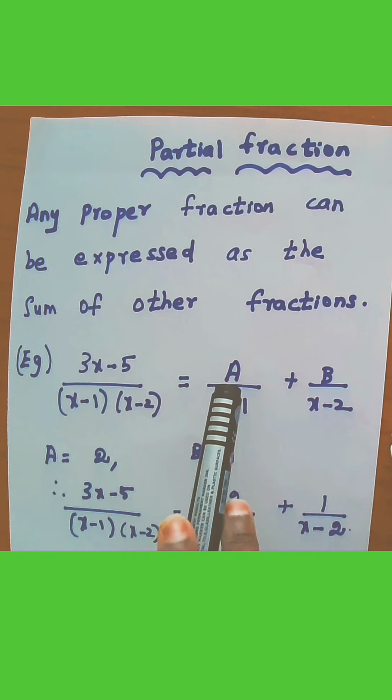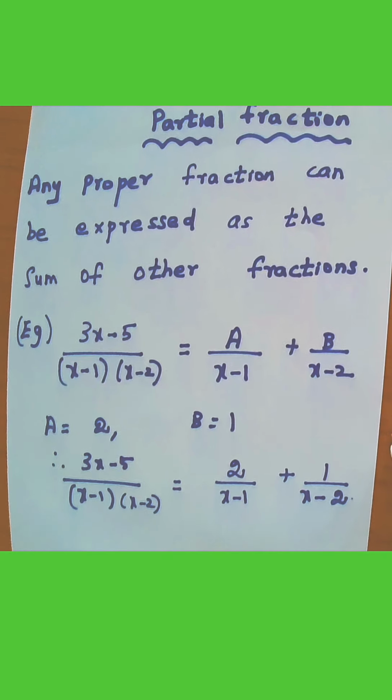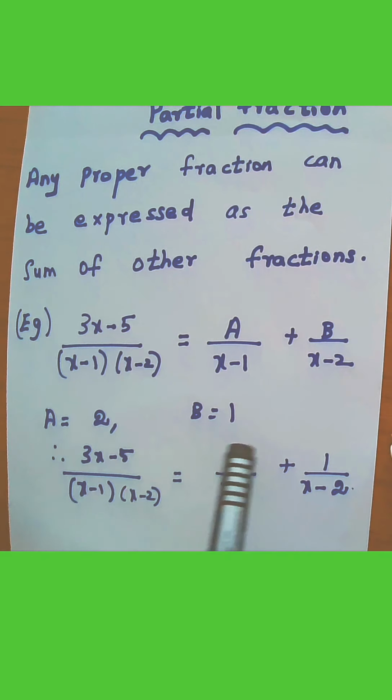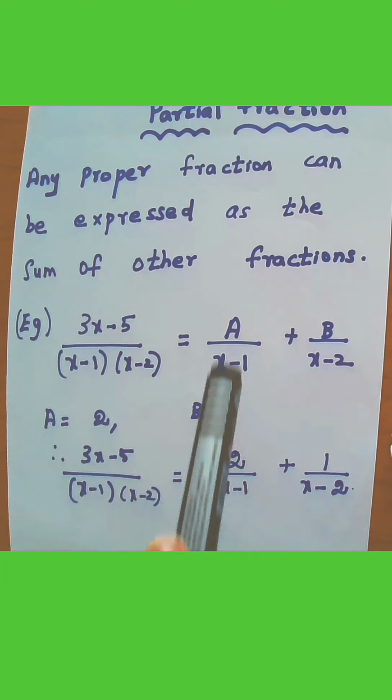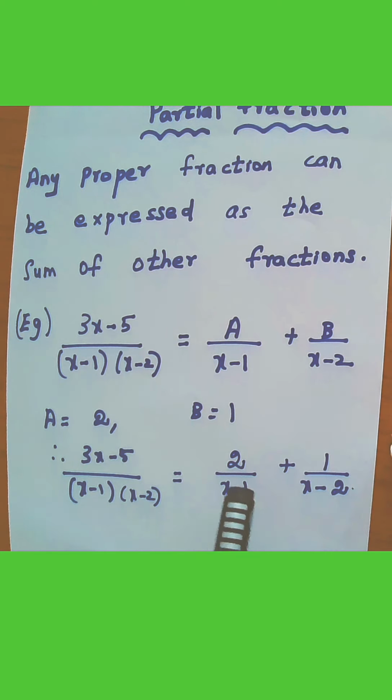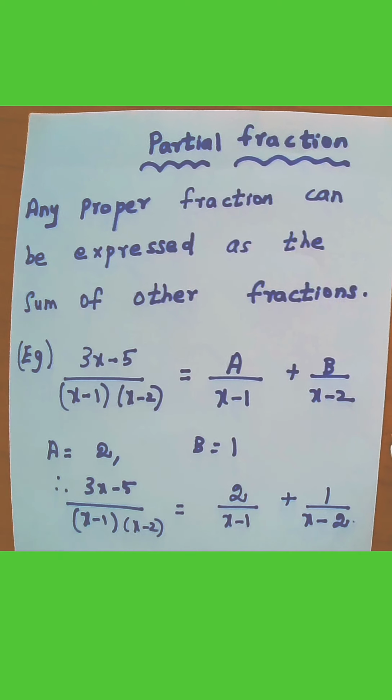Here we have to find the values of a and b, and finally substitute. I got a is 2 and b is 1. Just substitute and you can write it as 2 by x minus 1 plus 1 by x minus 2. So this is called partial fractions.